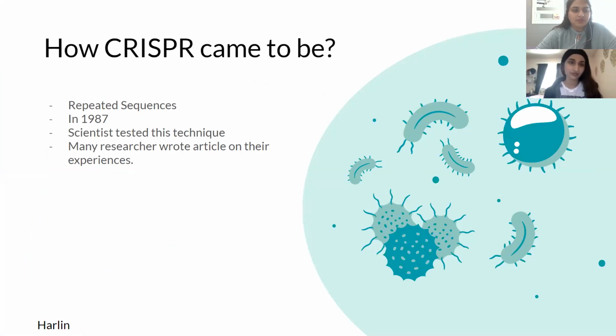He worked on this throughout the 1990s and in 2000 he recognized that what had been reported as disparate repeat sequences actually shared a common set of features. In 2005, he reported that these sequences matched sequences from the genomes of bacteriophages. This finding led him to hypothesize correctly that CRISPR is an adaptive immune system.